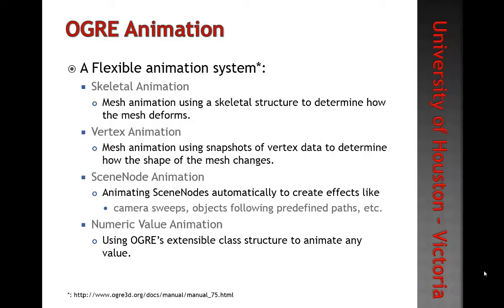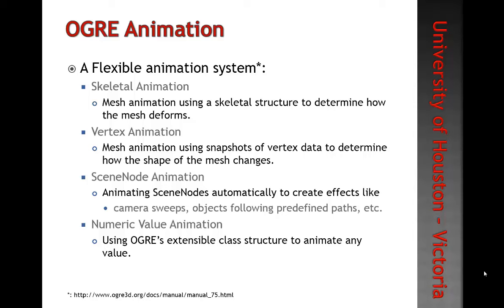Ogre provides a very simple and flexible animation system that will allow us to script animation for several different types of purposes. We can use skeletal animation, basically utilize a mesh that also has an animation system attached to it, created for it, and then this way we can animate the mesh using a skeletal structure that determines how the mesh deforms.